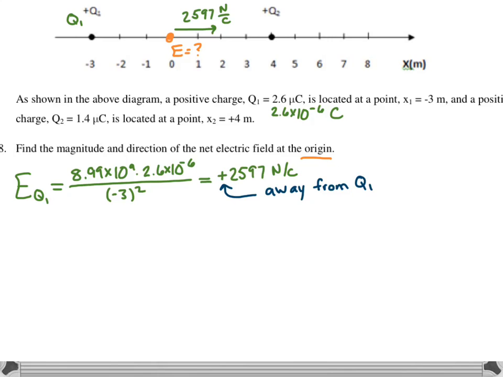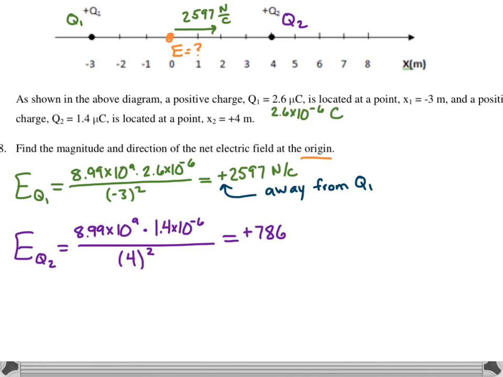Let's do the same thing for the electric field from charge Q2. Now, which way will the electric field be pointing in this case? Well, again, it's going to be away from Q2.